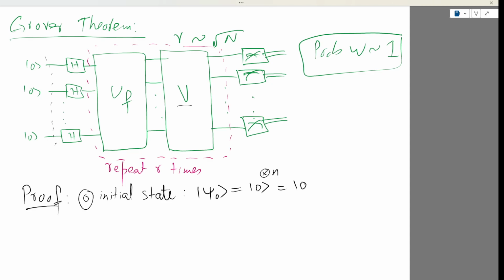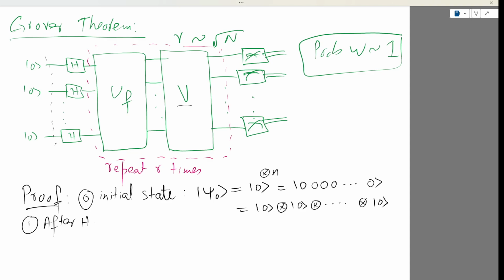This essentially is the state where we have n zeros. Or if you want to feel more comfortable, you can express it like this as well.